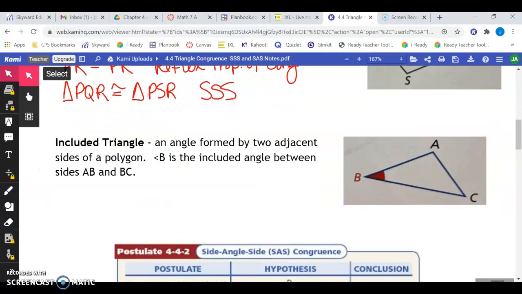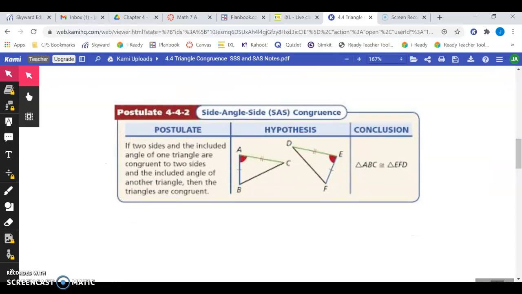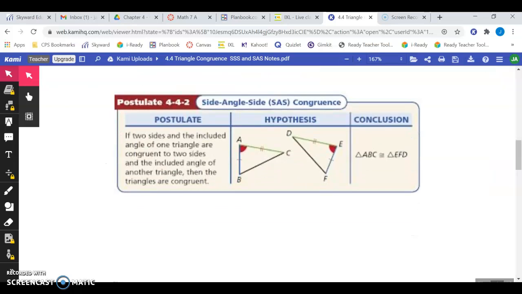Another vocab word here is included angle, and that's an angle formed by two adjacent sides of a polygon. So the sides AB and BC form the angle B. So that is what's called an included angle. Then we have side angle side, the congruence postulate here, and that is when we have a triangle and we know that in the order here, side, then an angle, and then another side is congruent.